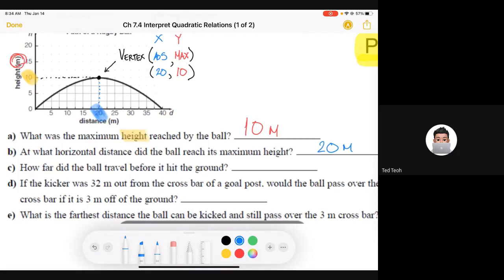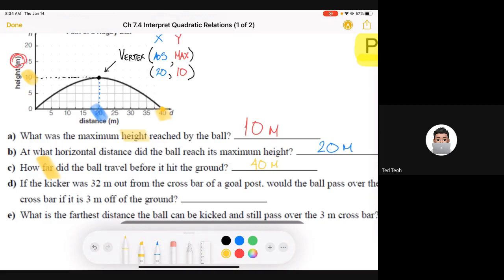The next question asks how far did the ball travel? So this time it's how far. I have to look all the way down at the bottom of this graph, way down over here, where the ball hits the ground. And that's 40 meters. That's how far he kicked it away. It's pretty far.